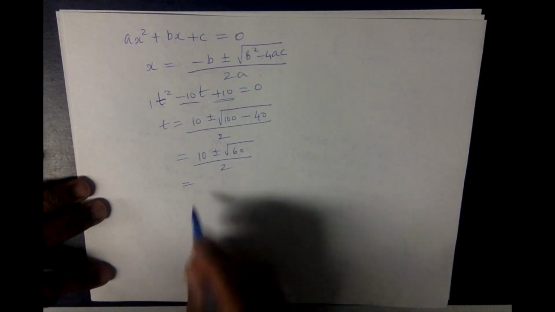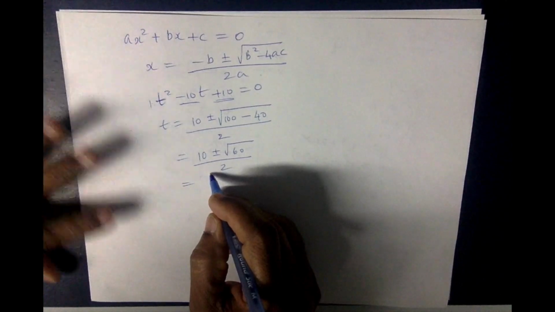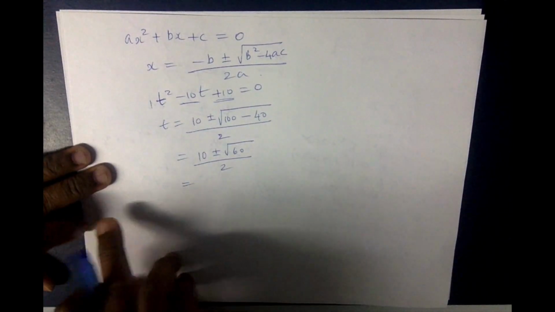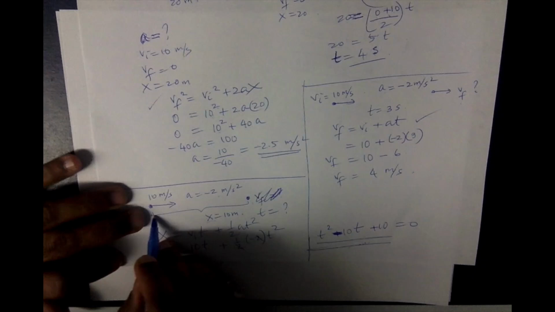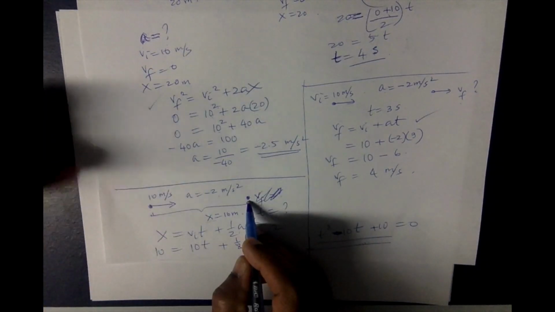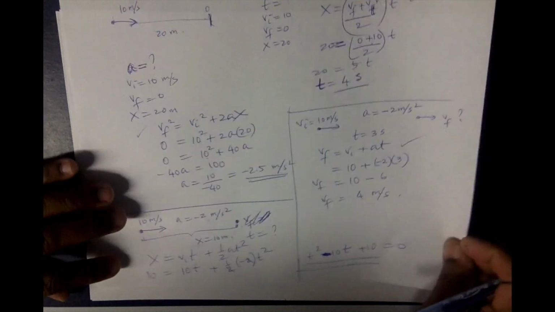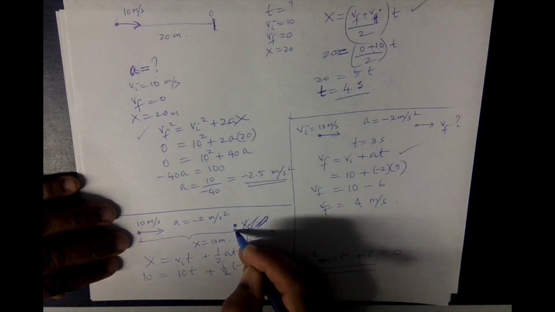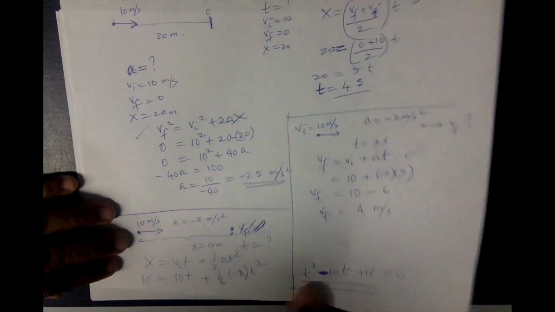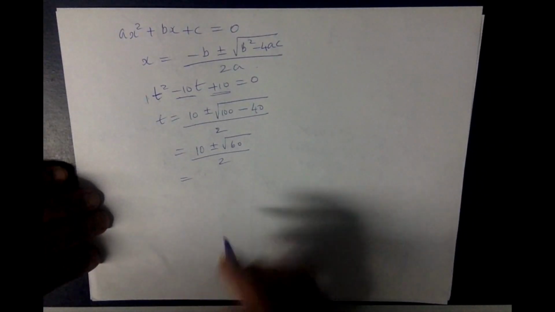The reason behind it is that this bus is applying brakes, or acceleration is negative, so it is going to cross here the first time, and then it will keep going, stop, and then come back to the same spot the next time. So both times are possible. That is why you're getting both positive answers.